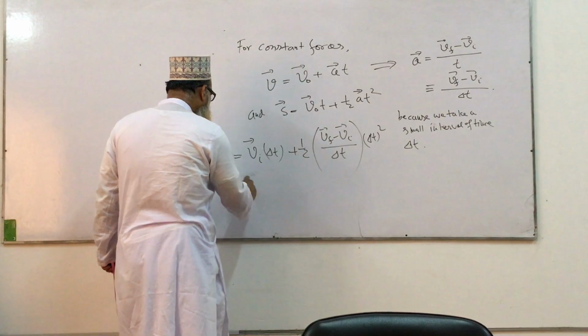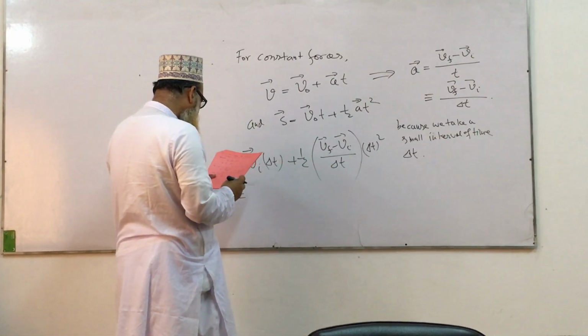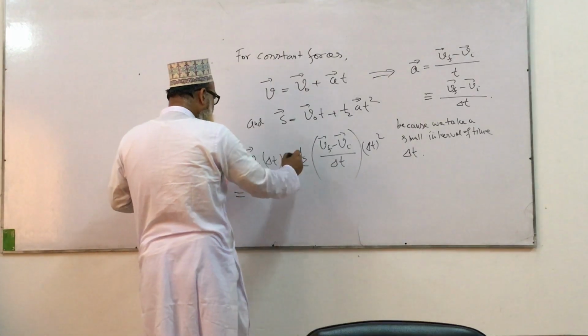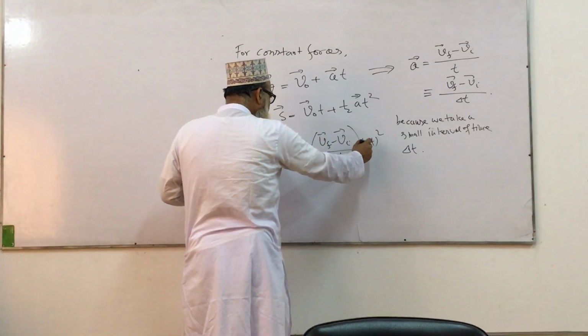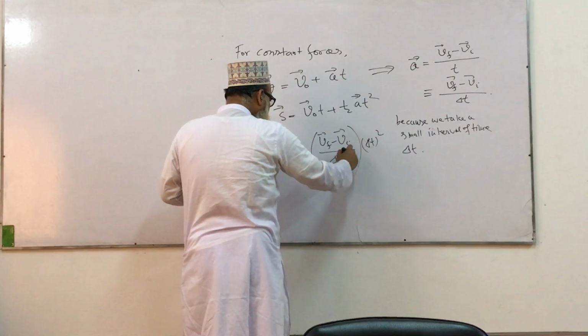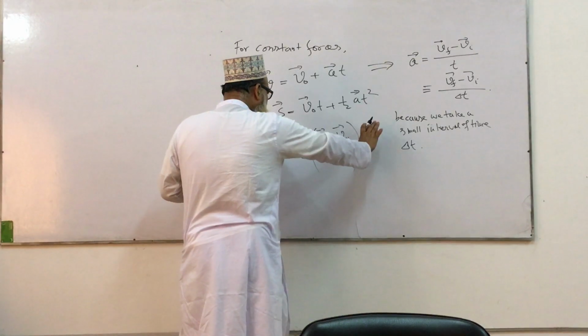So the next thing is to write this: delta T and delta T square give you only delta T in the numerator.